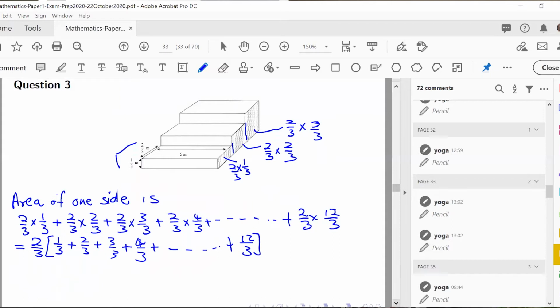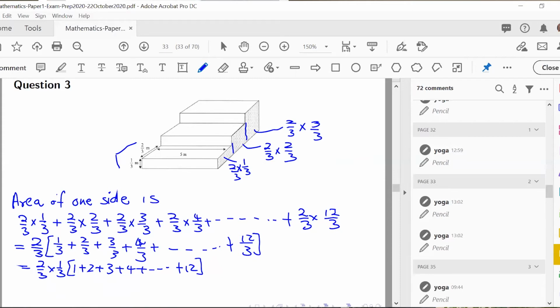And that can also be written as 2/3 times 1/3 into 1 plus 2 plus 3 plus 4 up to 12.